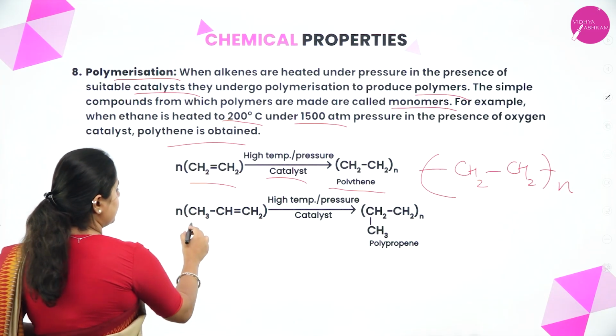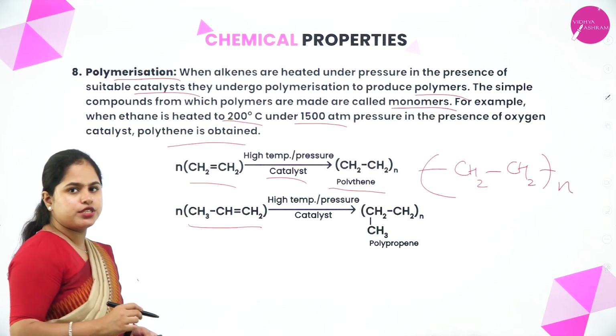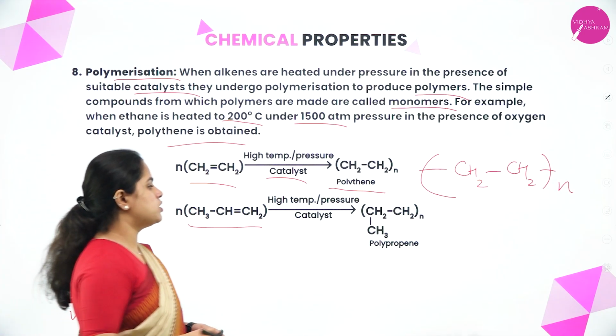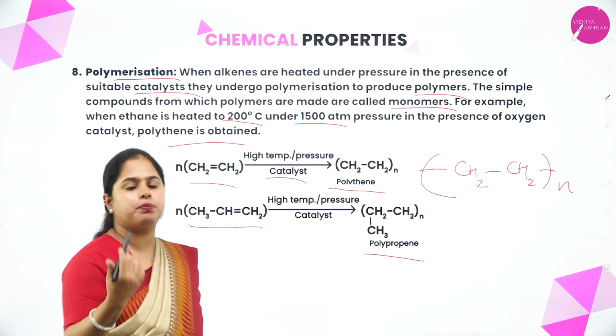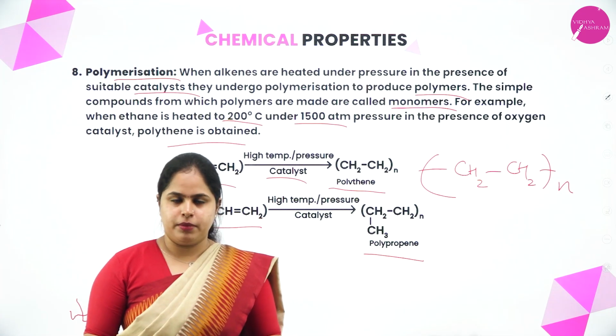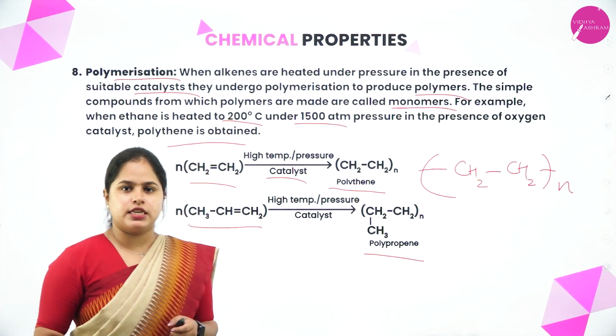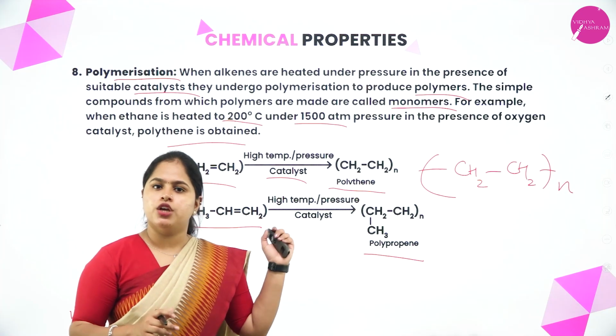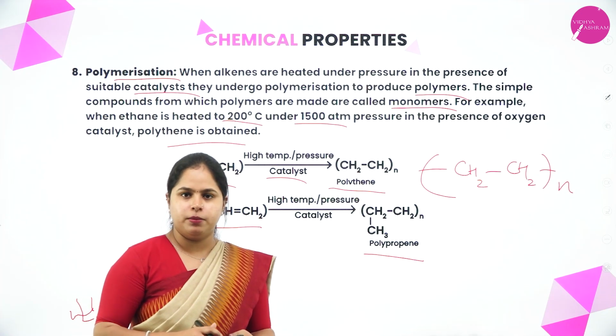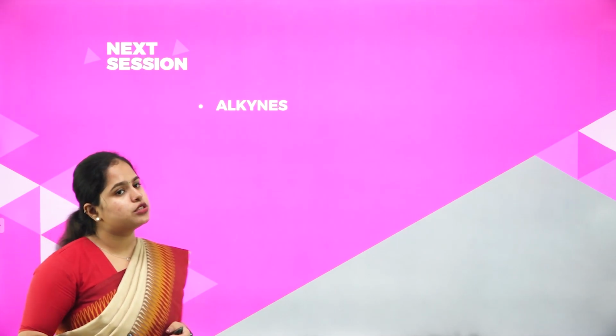Another example, CH3, CH double bond CH2, that is propene, which forms polypropene. This monomer is repeated N times, and you will get the polymer. So this is polymerization: under high temperature and pressure, and in the presence of a catalyst, you will obtain the corresponding polymer. So I hope the chemical reactions of alkenes are clear for you.